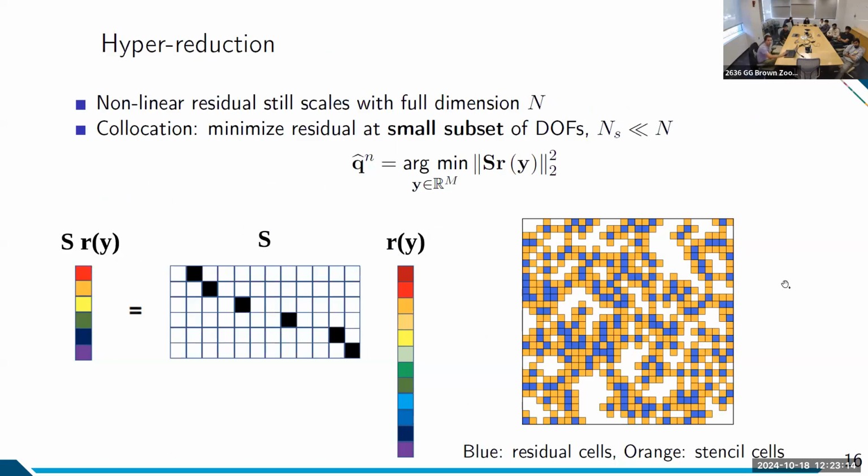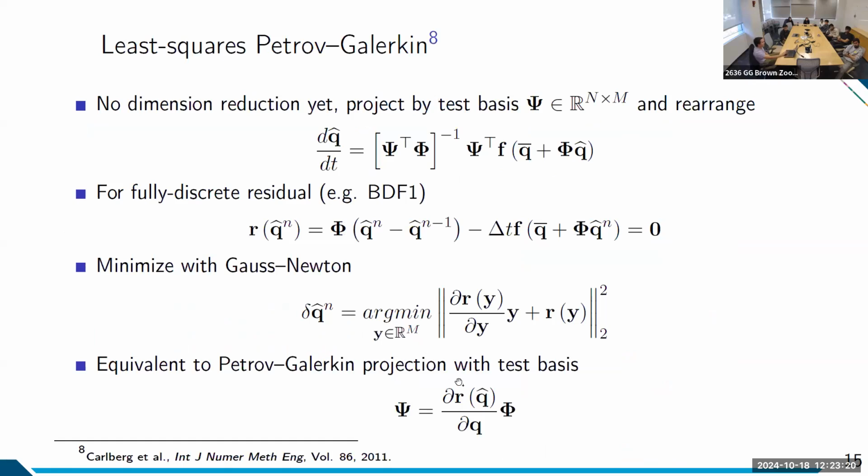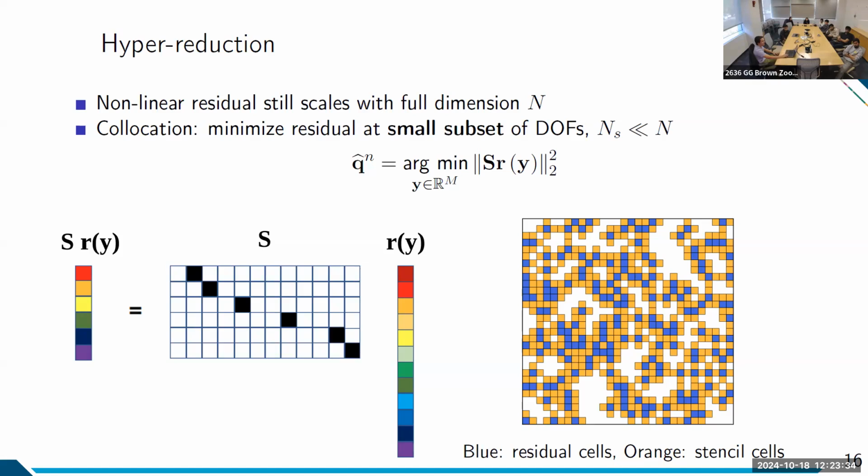Unfortunately, for a general nonlinear system, solving for this residual still scales with your full dimension N. And so in most cases, you haven't actually achieved any cost reduction relative to your full order model.